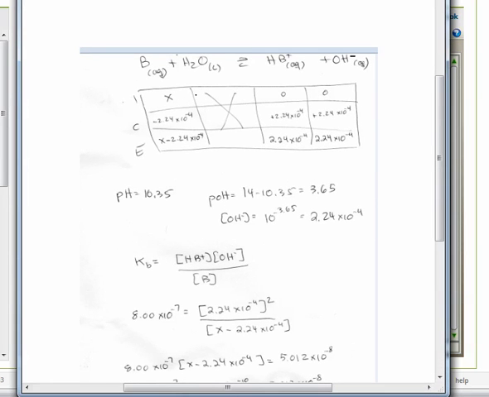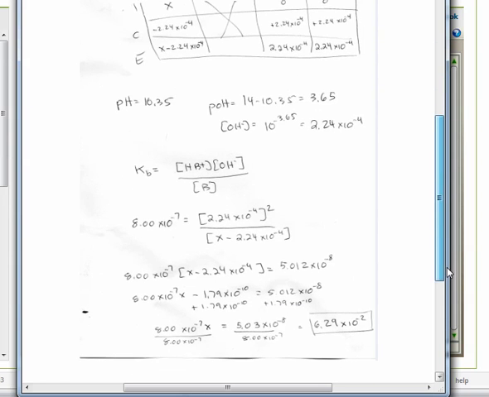These numbers are the same because the stoichiometric coefficient here is 1. So for every molecule of base that reacts, I get one molecule or one polyatomic ion of my conjugate acid and one hydroxide. Okay, so then I just have to do some algebra.